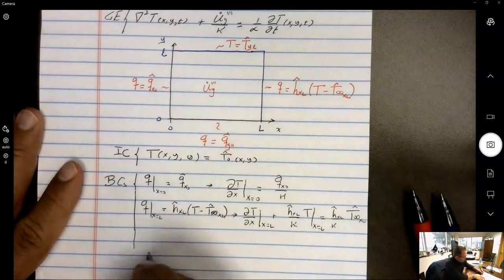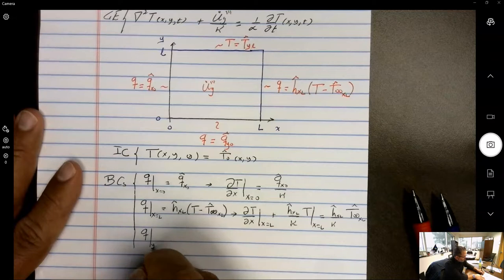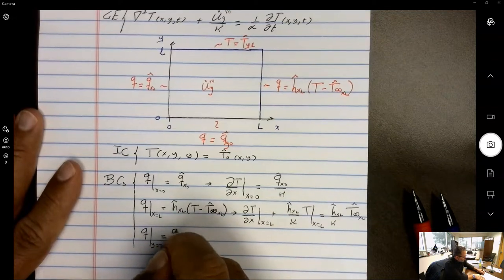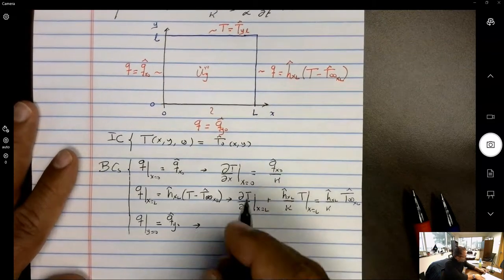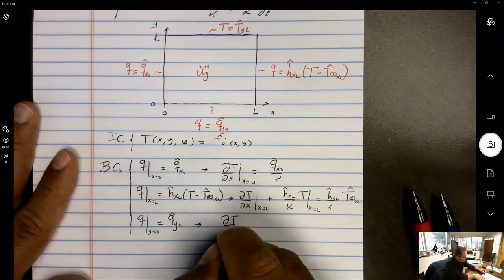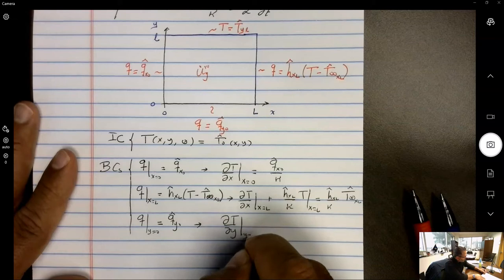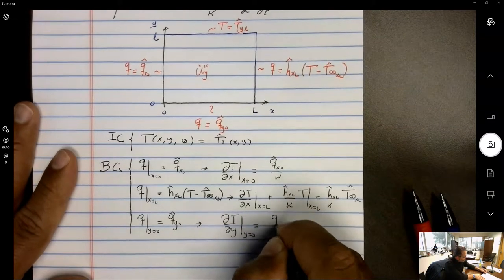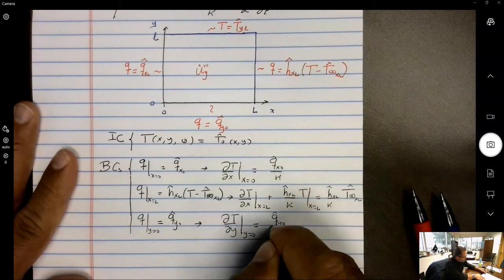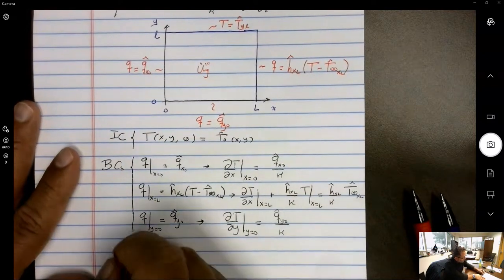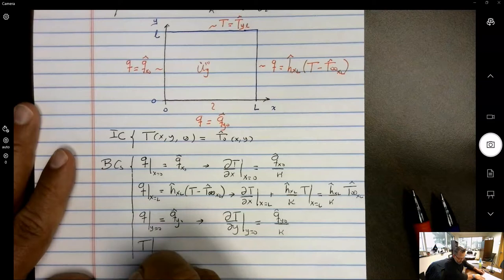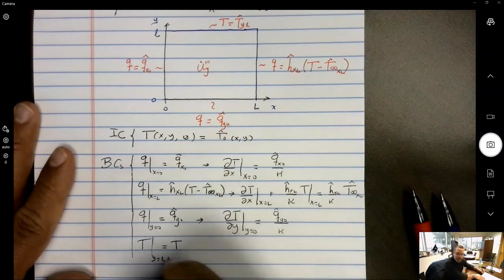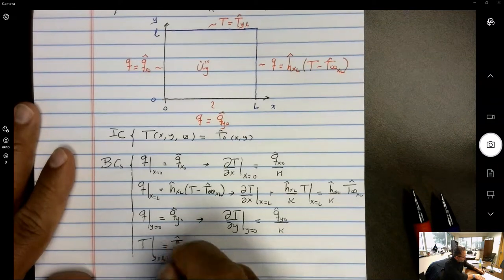On the bottom here we have q at y equals 0 is equal to q_y0, and we go through the same thing, and this will end up being dT/dy at y equals 0 is equal to q_y0 divided by k. And finally, the temperature at y equal l is equal to T_YL.